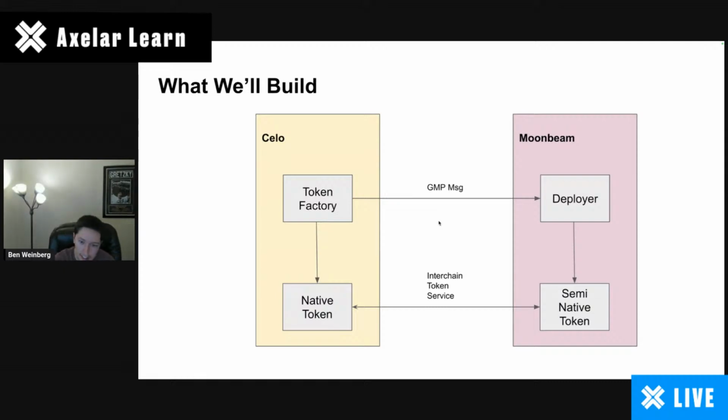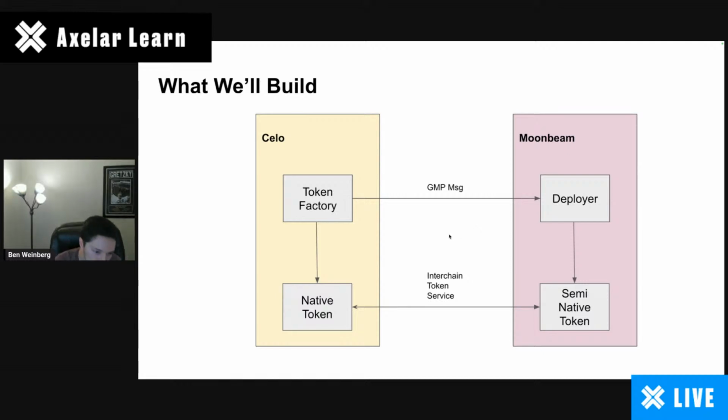So what we've seen is the use case of these semi-native tokens, which are light wrapped versions of your tokens, with not all the features necessarily baked in the way they would be with the native token, but you can still transfer these tokens between each other, so you still have some sort of presence on these other chains as well.